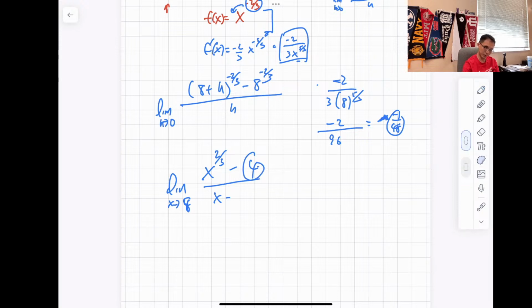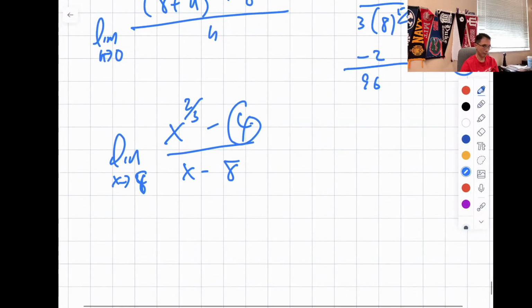Sorry, this one is going to be 4. Oh yeah, this 4 is fine, and this is 8 here. So can the question be written this way? No, it's a different equation here. So what will be the answer for this one? Obviously, you cannot do conjugate.